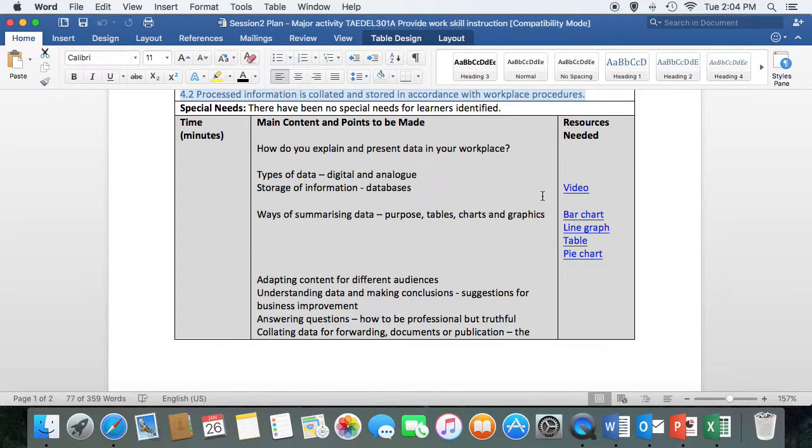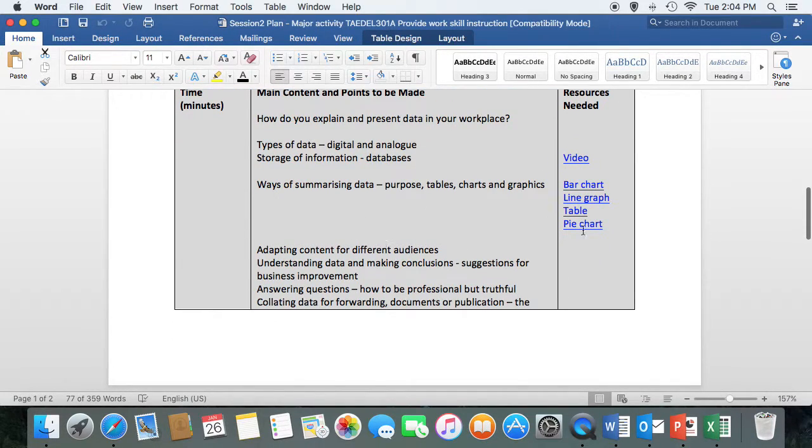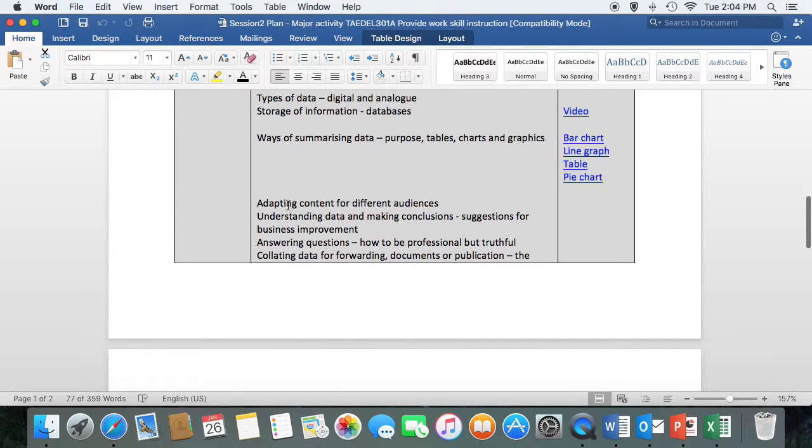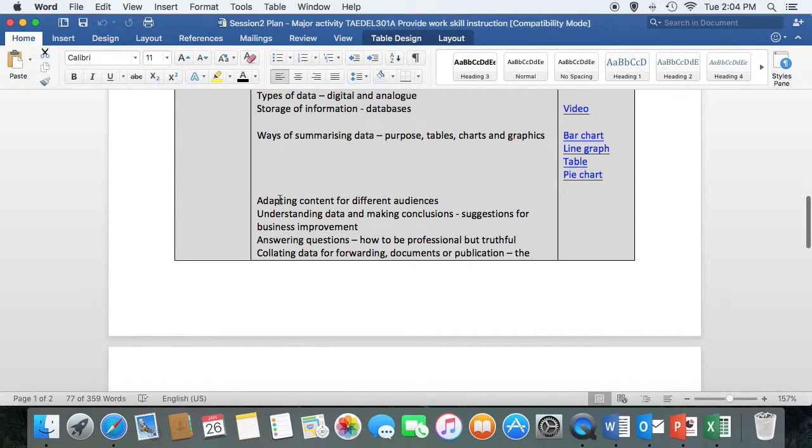We've got bar charts, line graphs, tables and pie charts we'll take a look at. How it's effective to present that data. We'll adapt content for different audiences, ensuring that what we present is appropriate. Understanding data and making conclusions. So suggestions for business improvement. How can you improve your business based on the data you've collected?